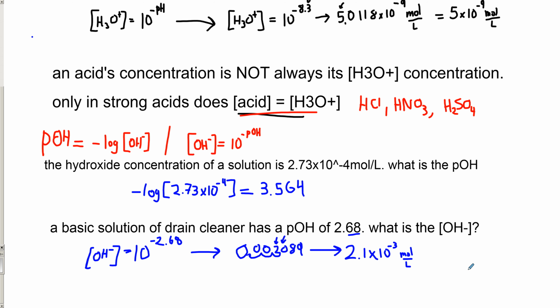And one last thing, just because people always kind of mess this up. A base has a high pH, but a low pOH. An acid has a low pH and a high pOH. Higher numbers on these scales means there's less of that thing.